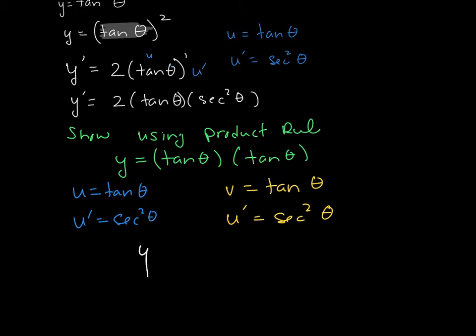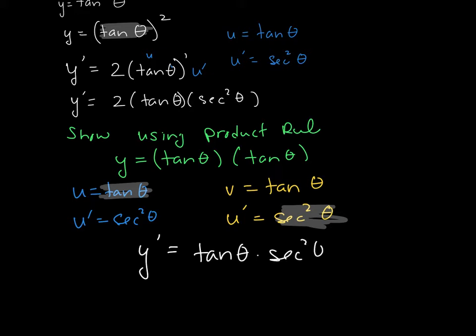So using the product rule, I can go ahead and say that the first derivative is equal to the tangent of theta times the secant squared of theta plus the secant squared times the tangent, and I'm just going to write them in the same order. It doesn't matter the order you write them in. So this is again the tangent of theta times the secant squared of theta.